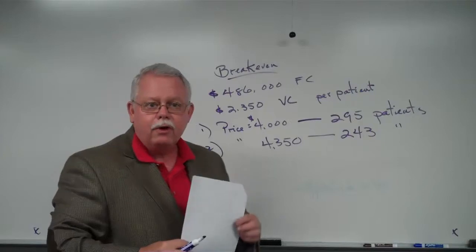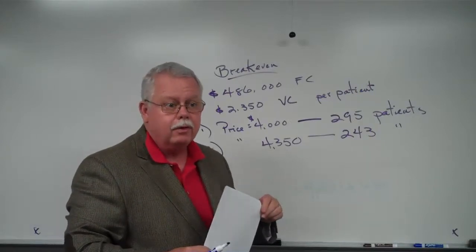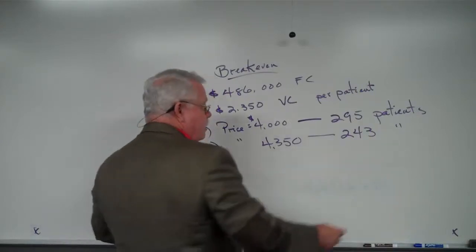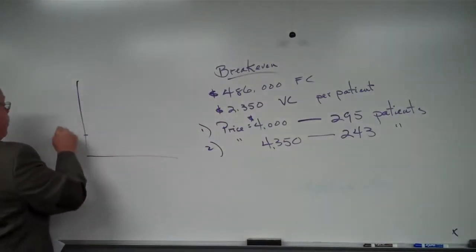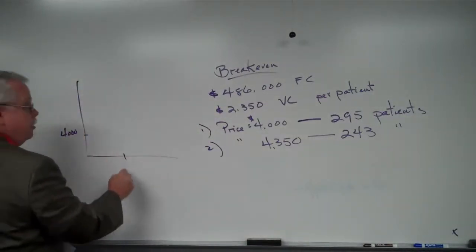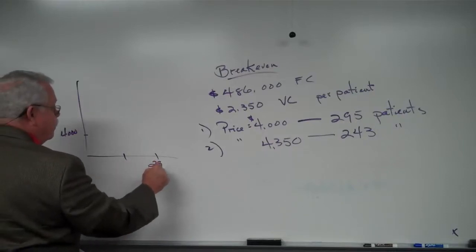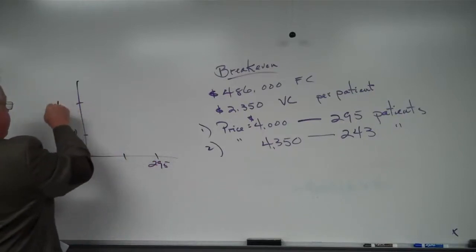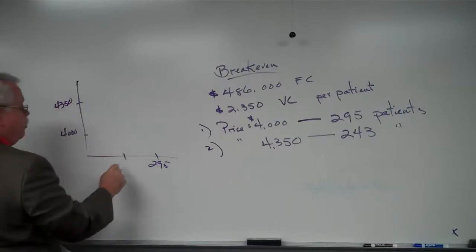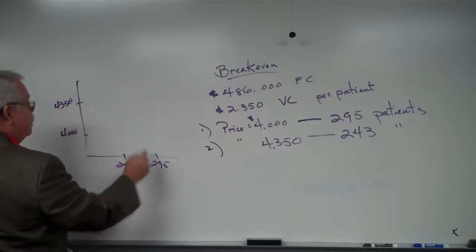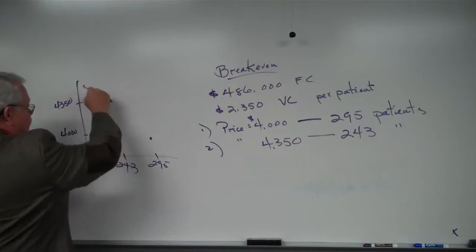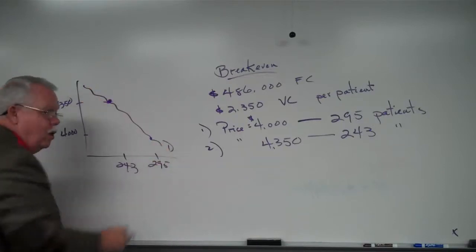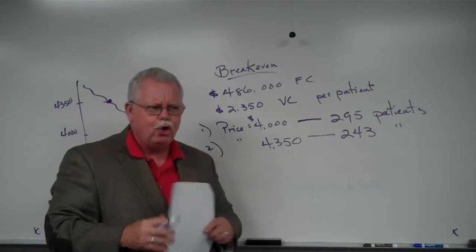Okay? Well, those are 2 points on a demand curve. That's like saying at a price of $4,000, we need 295. At a price of $4,350, we need 243. So here's a point over here, and that describes generally what we need our demand curve to be.